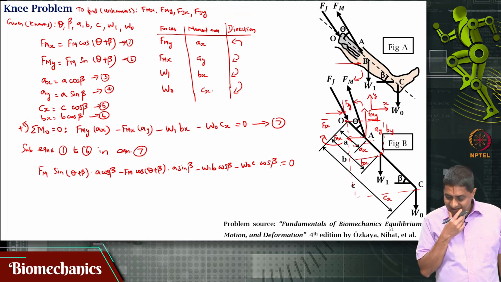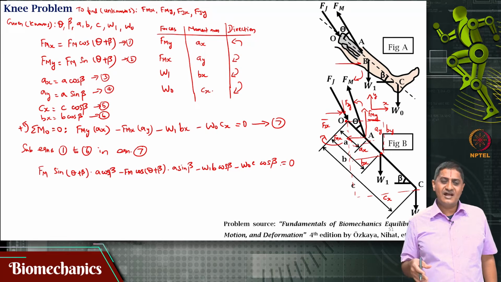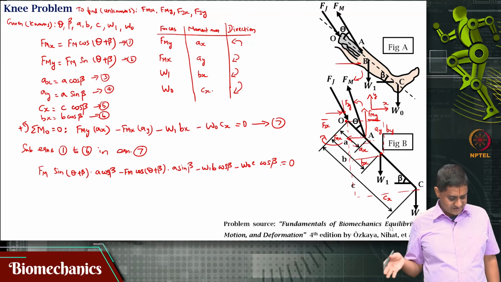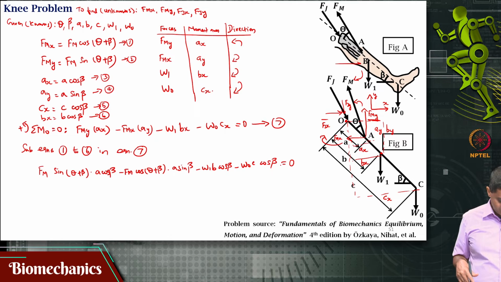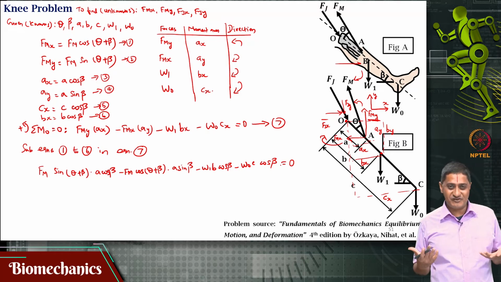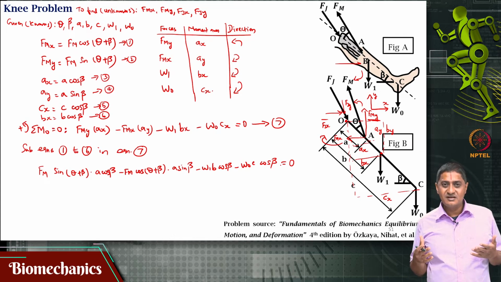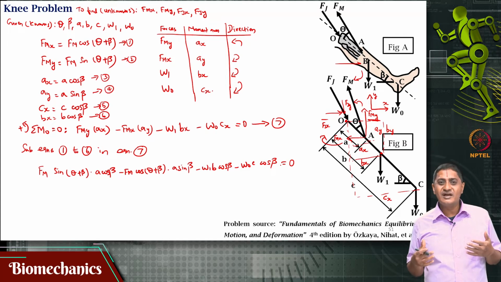Now, take those terms that have Fm on one side and the W's on the other side, such that I can actually find the value of Fm. Now, simplify such that I can find the value of Fm.